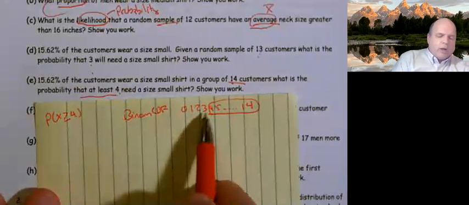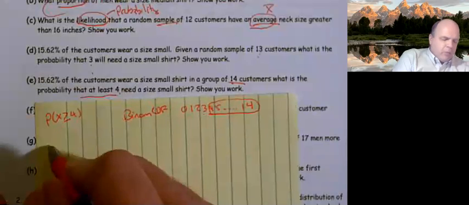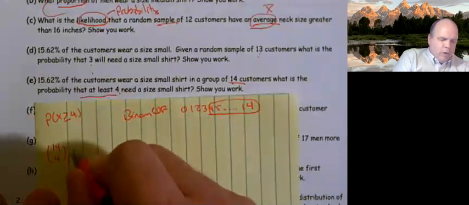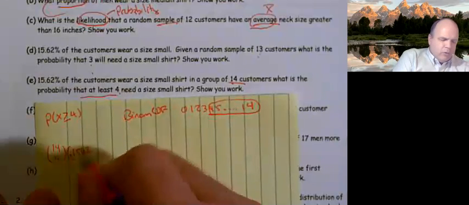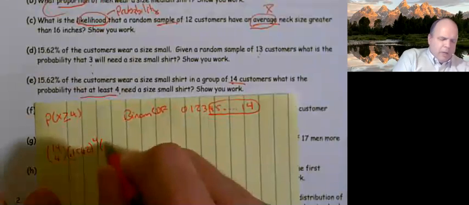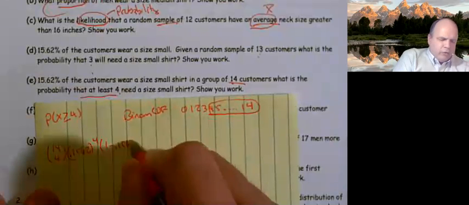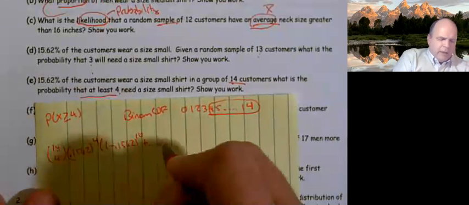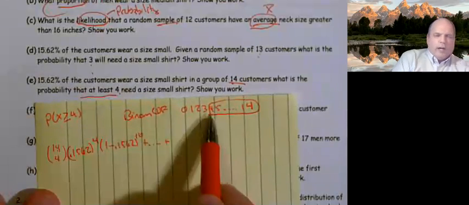So our PDF work is going to be 14 choose 4, 0.1562 to the 4th power, 1 minus 0.1562 to the power 14 minus 4, which is 10, plus dot, dot, dot, plus. So that's my lowest value that I wanted.